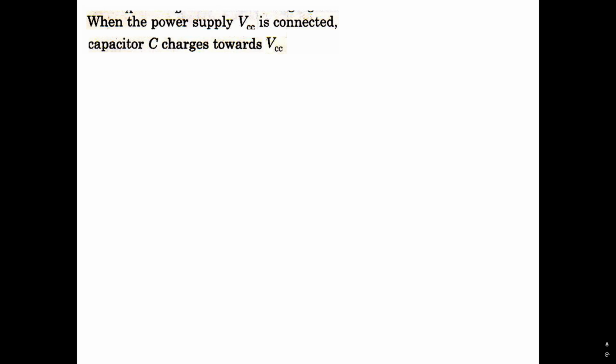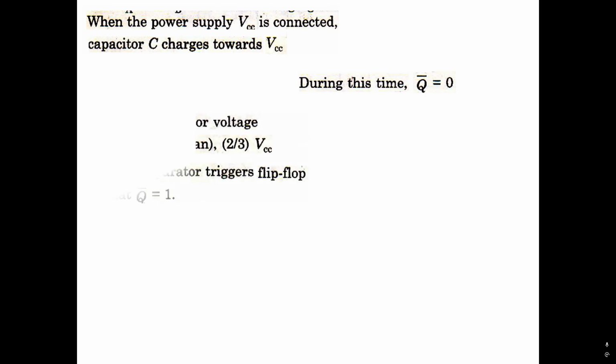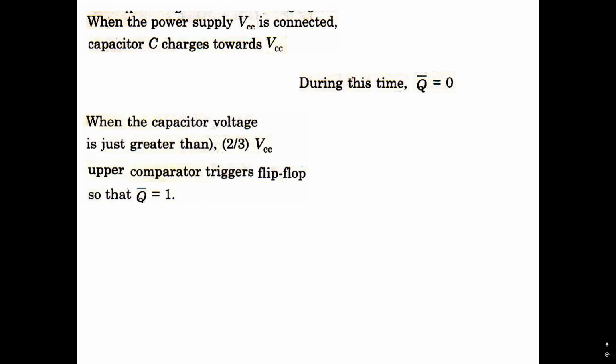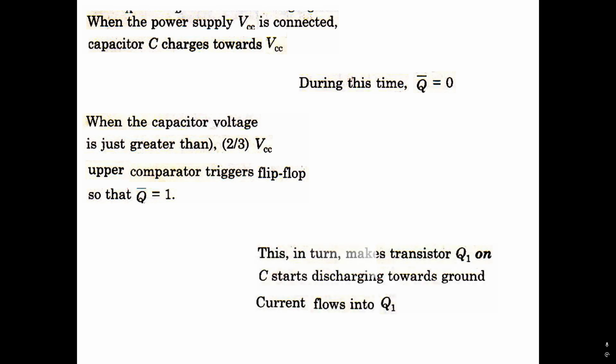The operation: when the power supply VCC is connected, capacitor C charges towards VCC. During this time, Q bar equal to 0, and when the capacitor voltage is just greater than 2/3 VCC, the upper comparator triggers the flip-flop so that Q bar equal to 1.